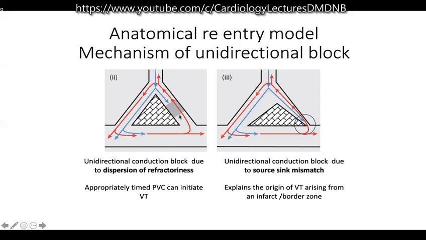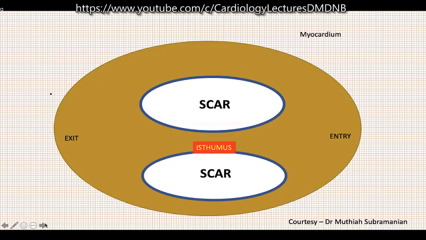At the moment when it returns here, the refractory period has gone and this tissue is now amenable for conduction. So this has set in the reentry. In the same picture I have depicted how a source-sink mismatch can cause a conduction block and cause a reentry.